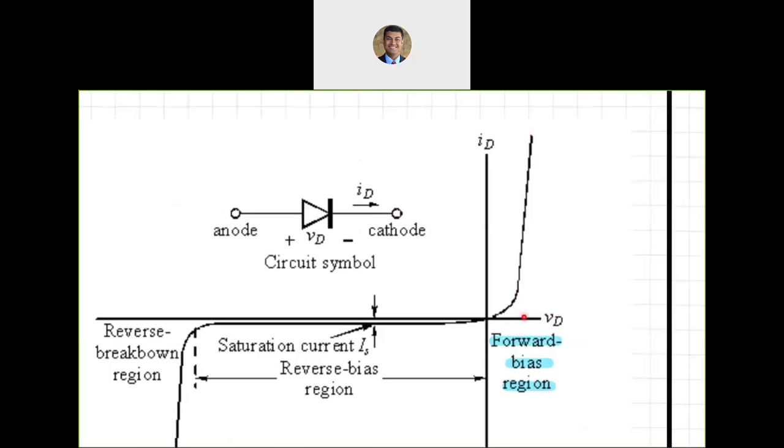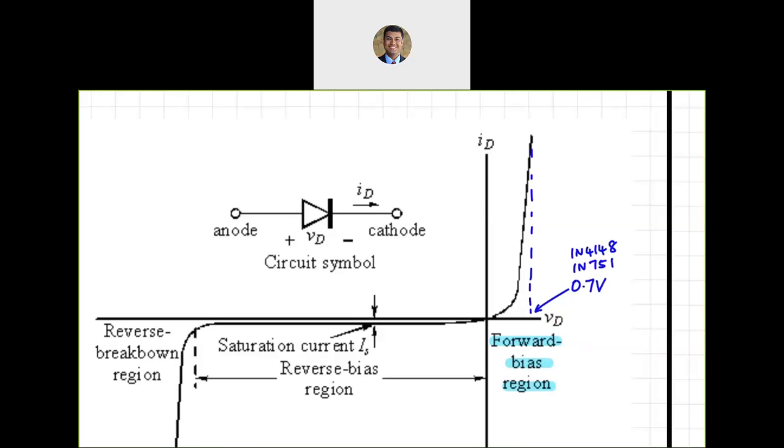No matter how much you increase the current, the voltage is not able to increase across that diode. And that particular value around which this typically happens for the 1N4148 is 0.7 volts.